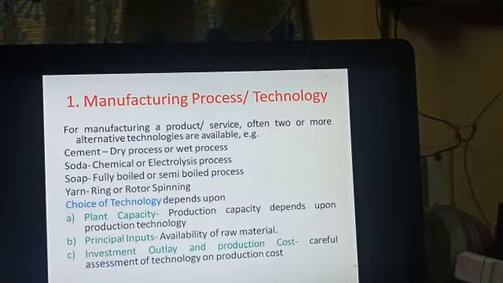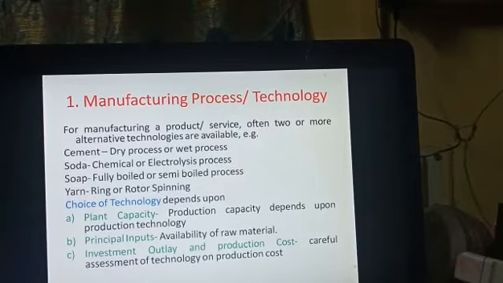For producing soda, whether to go for chemical or electrolysis process. In the same way, for manufacturing soap, whether fully boiled or semi-boiled process is to be adopted. For manufacturing yarn, whether to go for ring or rotor spinning.